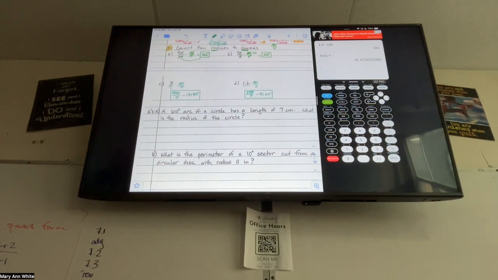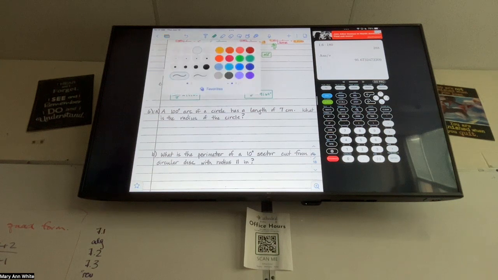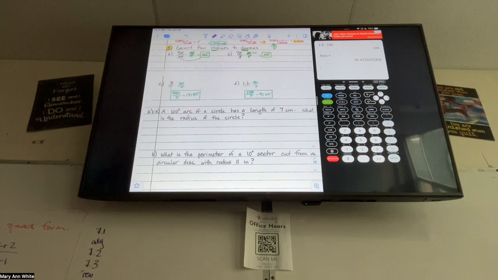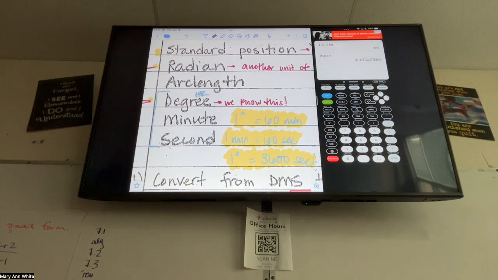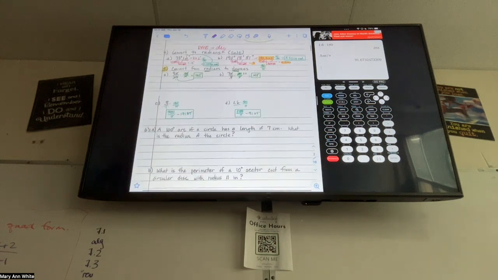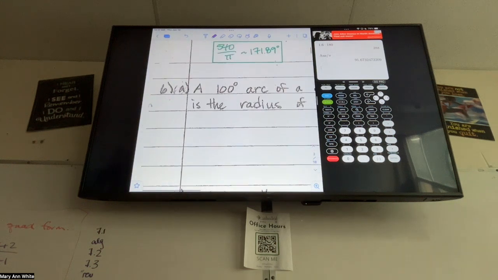All right, the next big thing that we're gonna talk about for this quiz is something called arc length. It had the words arc length up here, but my problems are on this other page, so I'm just gonna put my little notes for arc length over here off to the side. So this is arc length problems. Arc length is essentially like the crust of a piece of pizza or the crust of a pie.